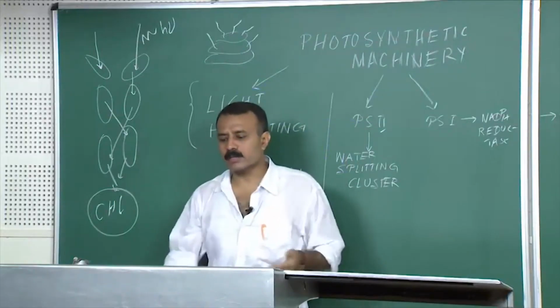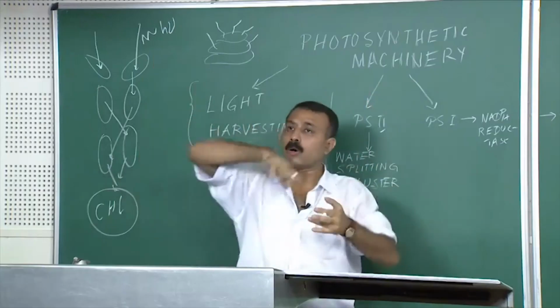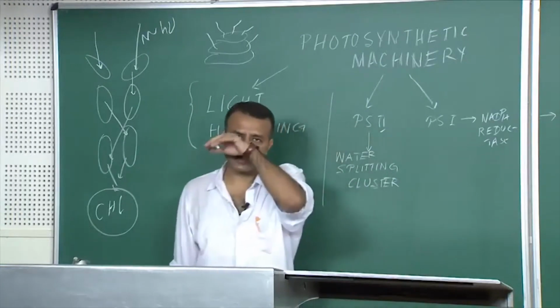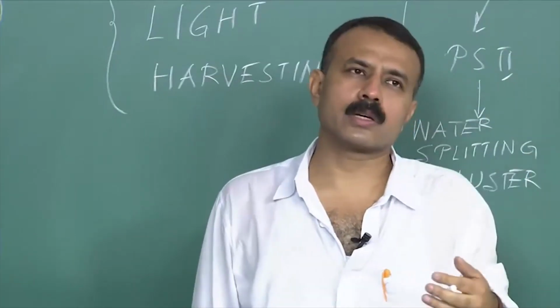A photosystem and its light harvesting antenna. It is just like on the top of a building you have an antenna to catch signals for electronic gadgets like TV or radio. You have this antenna which is catching the radio signals.